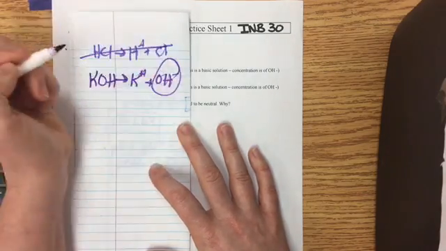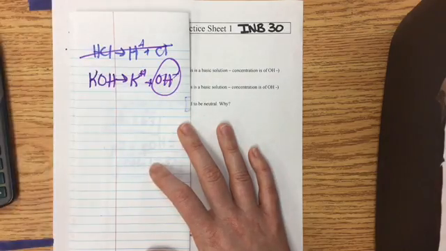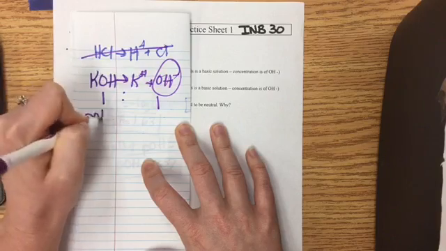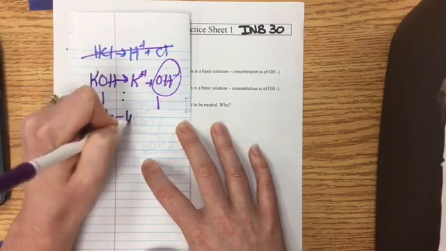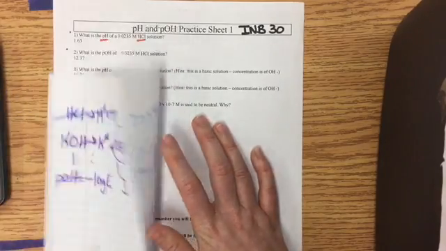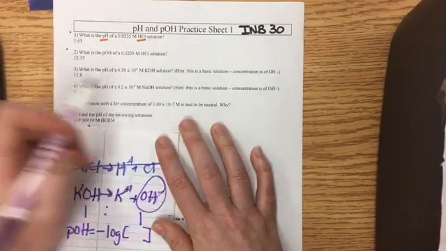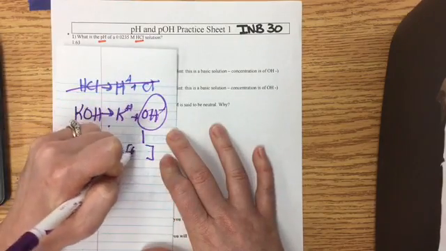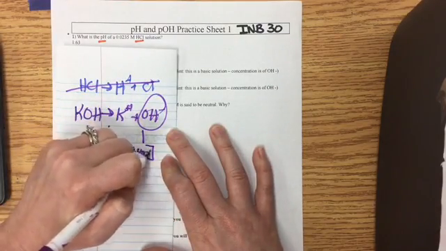The only thing I can get from OH minus is pOH. I have a 1-to-1 ratio, so I know that I can get the pOH. pOH is the negative log of the concentration of OH. According to my problem, the concentration of OH is 6.5 times 10 to the negative 3.